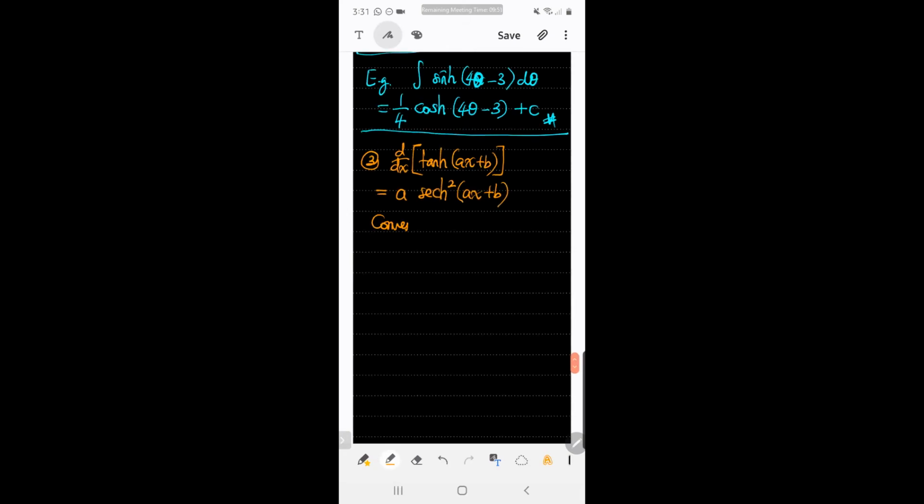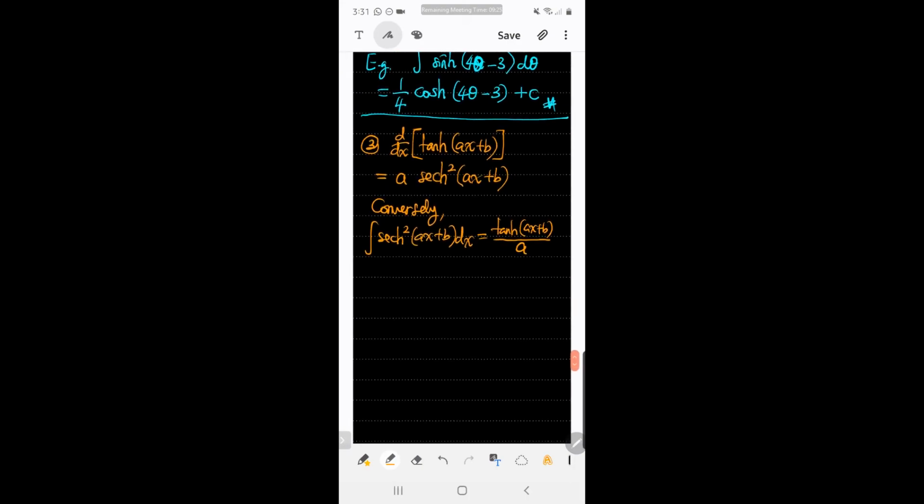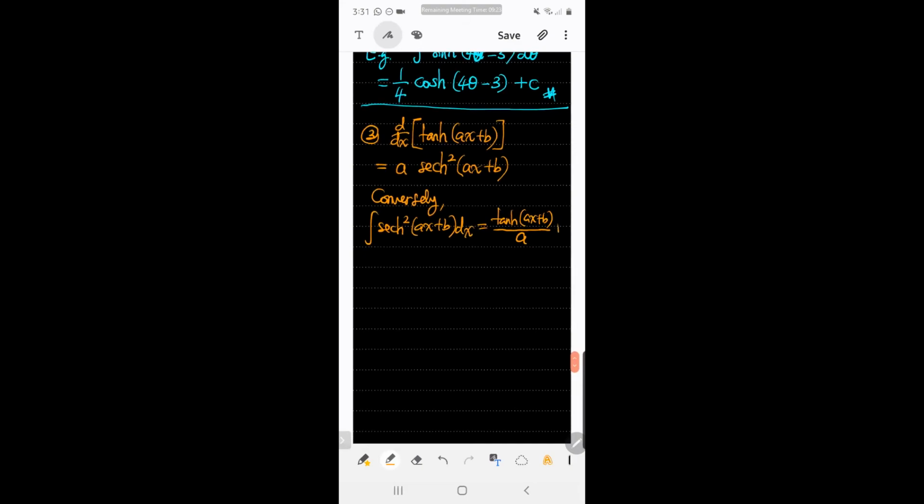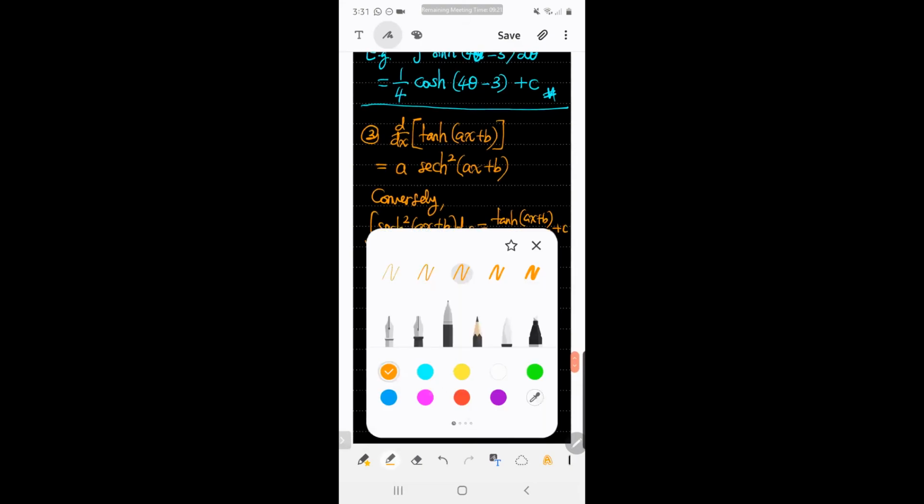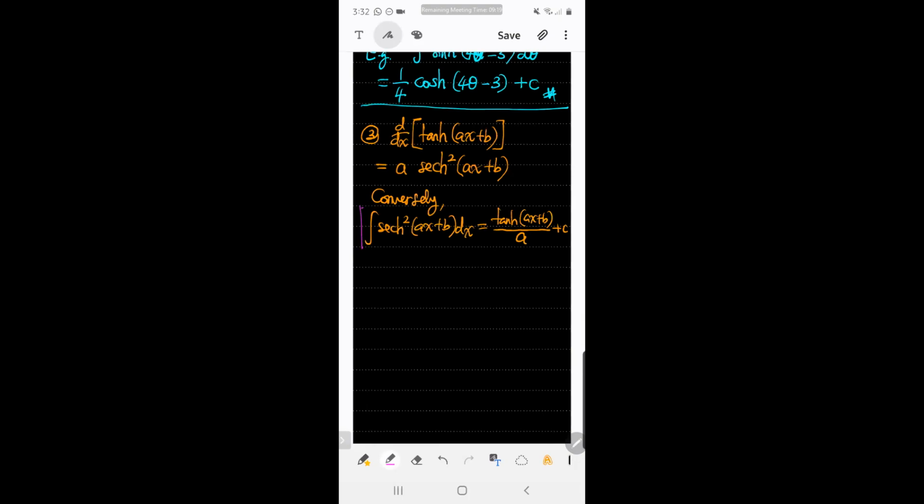So conversely, I know that the integral of sech squared(ax + b) dx is therefore tanh(ax + b) divided by a. So the lesson is to remember to divide by the coefficient of x in this case, plus c. So this is the result that you need to remember, okay?